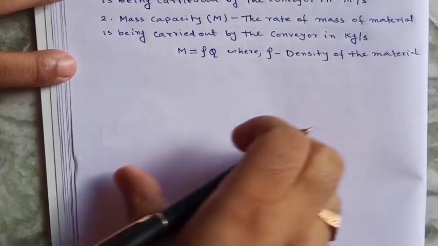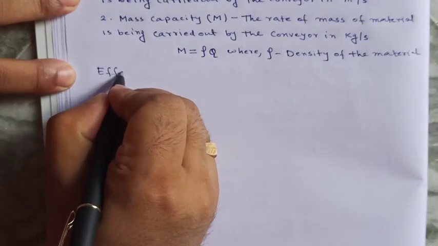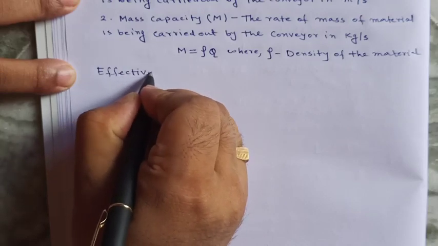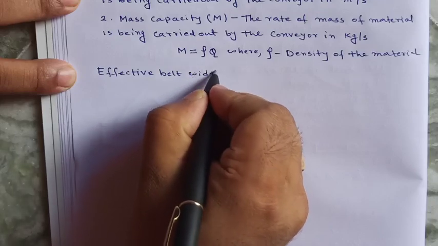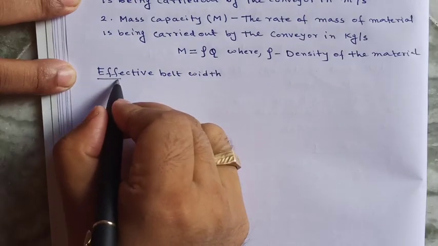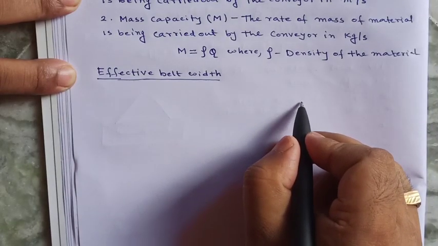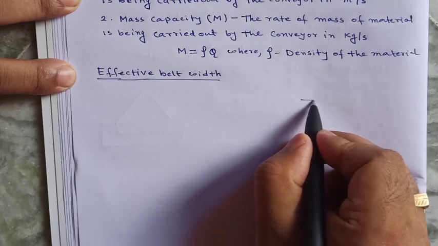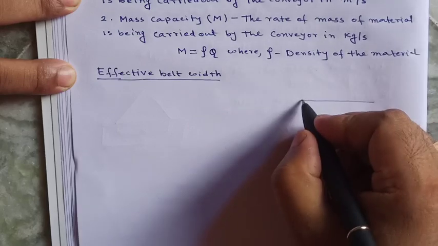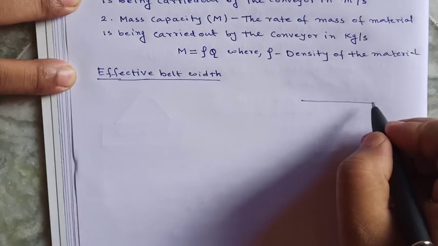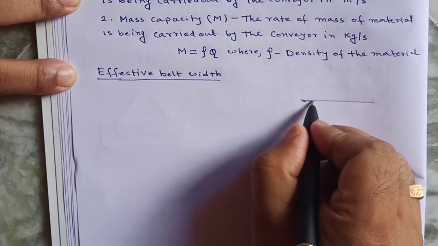Next, I am going to the effective belt width. What is effective belt width? Consider this is the belt width. Now this belt can carry the material in this direction.